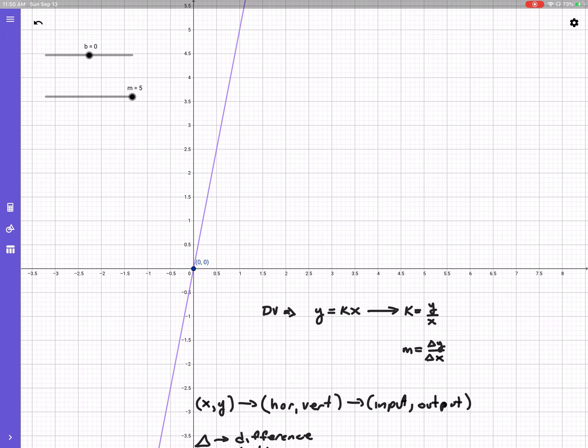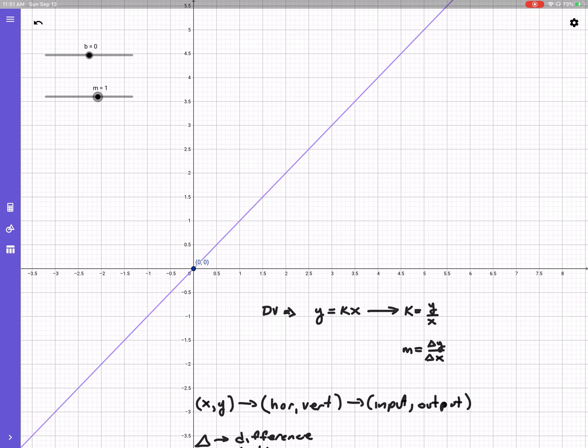Let's keep this kind of normalized, okay? So the rise equals the run in this case, right? Now, I want to show you something else. What does this b mean? Well, if I go back to my function here, and I wrote it in a basic way, y equals mx plus b.